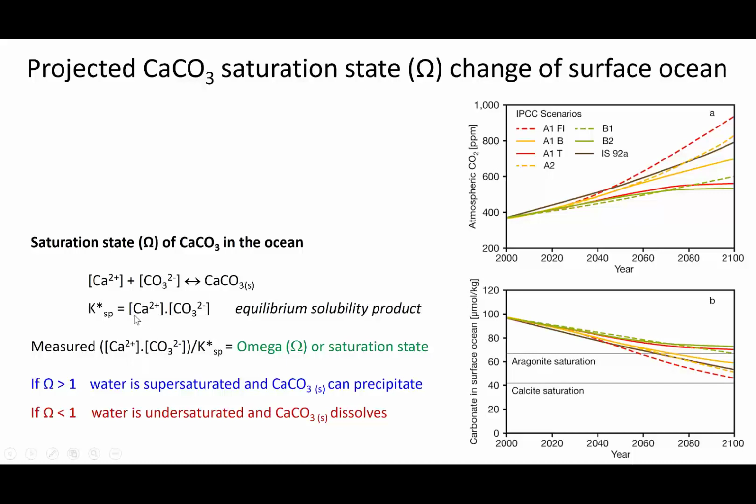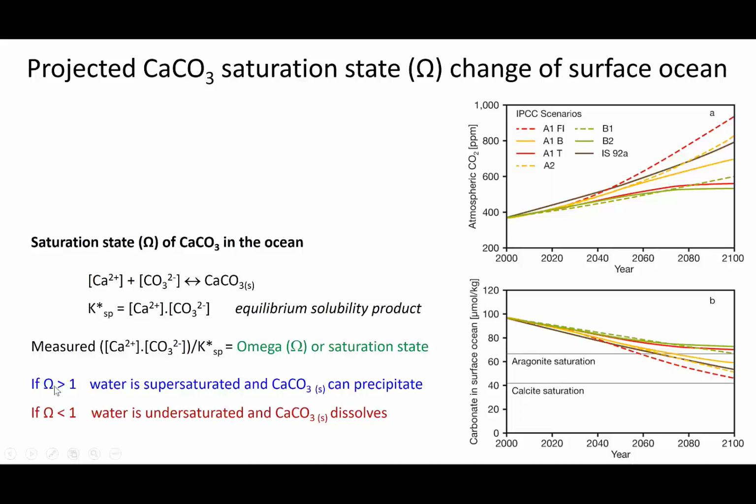We can use this equilibrium solubility product by measuring calcium ions and carbonate ions in the ocean, multiplying the product of those ions and then dividing it by this equilibrium solubility product, and that gives us the omega, or the saturation state of the ocean with respect to calcium carbonate.